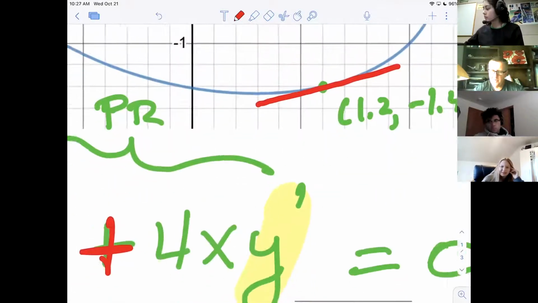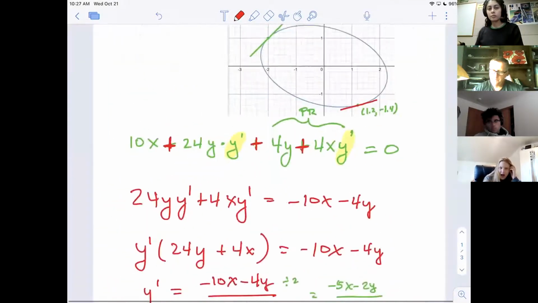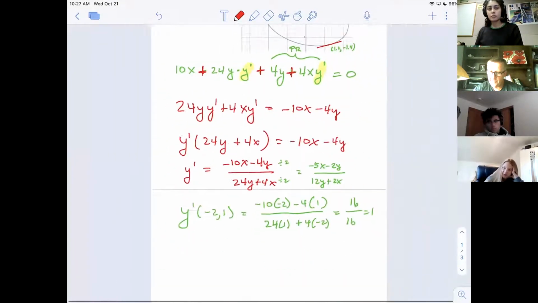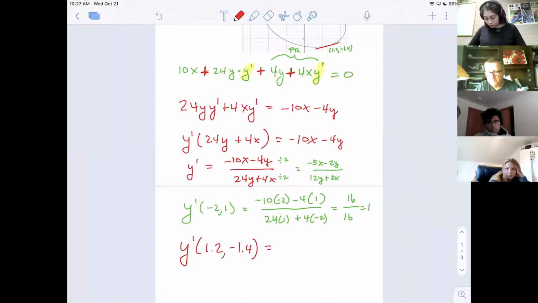So even if this point does not work, I could go down here and throw 1.2 and negative 1.4 in, and just expect to get some kind of a small positive slope. So I'm not gonna write it all down, but I am at least gonna quickly type it in.